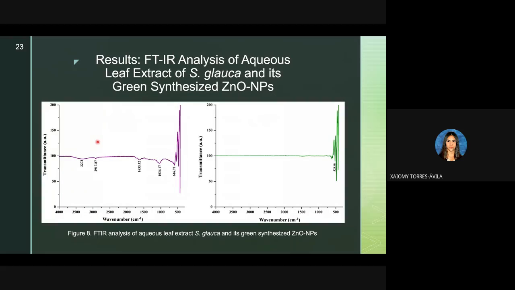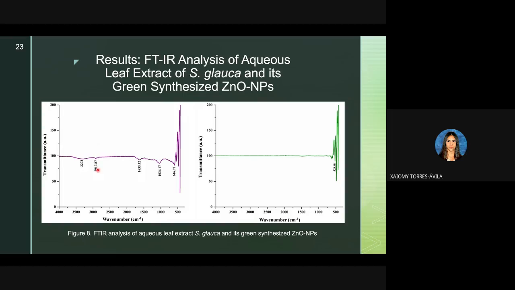Moving on, we have the Fourier transform infrared spectroscopy analysis of aqueous leaf extract of S. glauca and its green synthesized zinc oxide nanoparticles. Starting off on the left side, we have the spectrum, which was obtained from the leaf extract with bands corresponding to an alcohol or phenol group at 3,272.